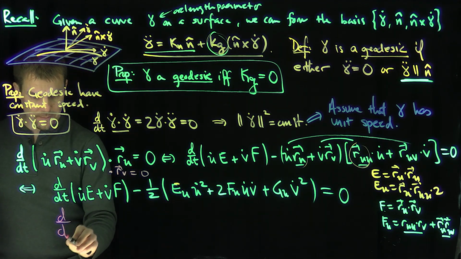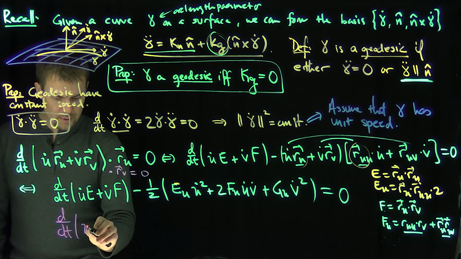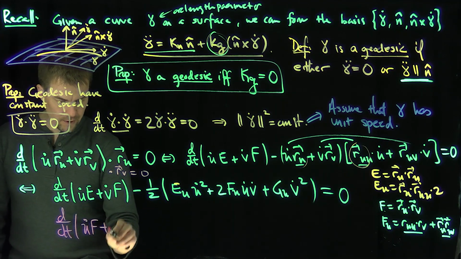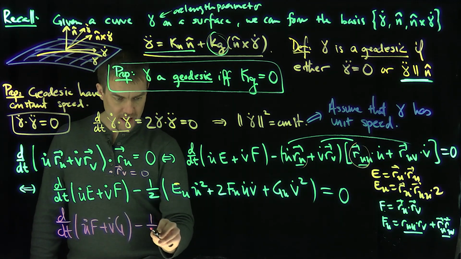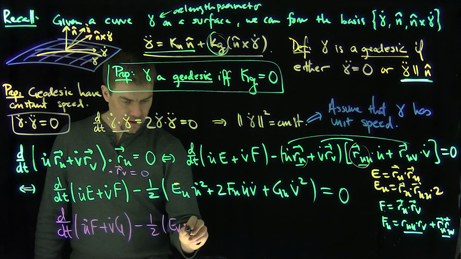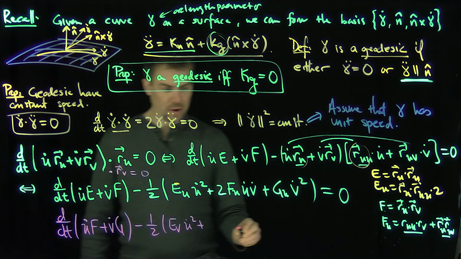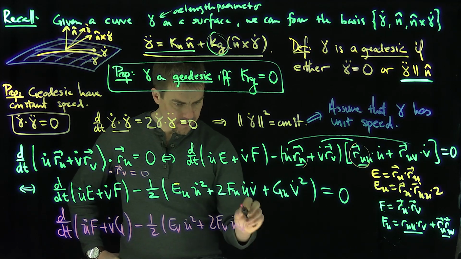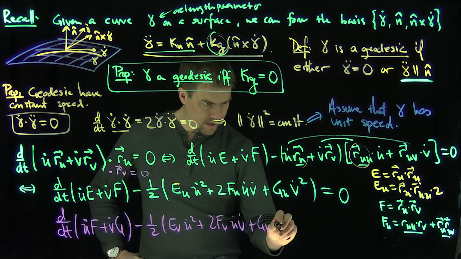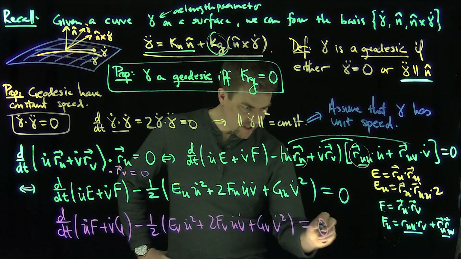So this is d by dt of u dot f plus v dot g, minus 1/2 e v u dot squared plus 2 f v u dot v dot plus g v v dot squared, is equal to 0.